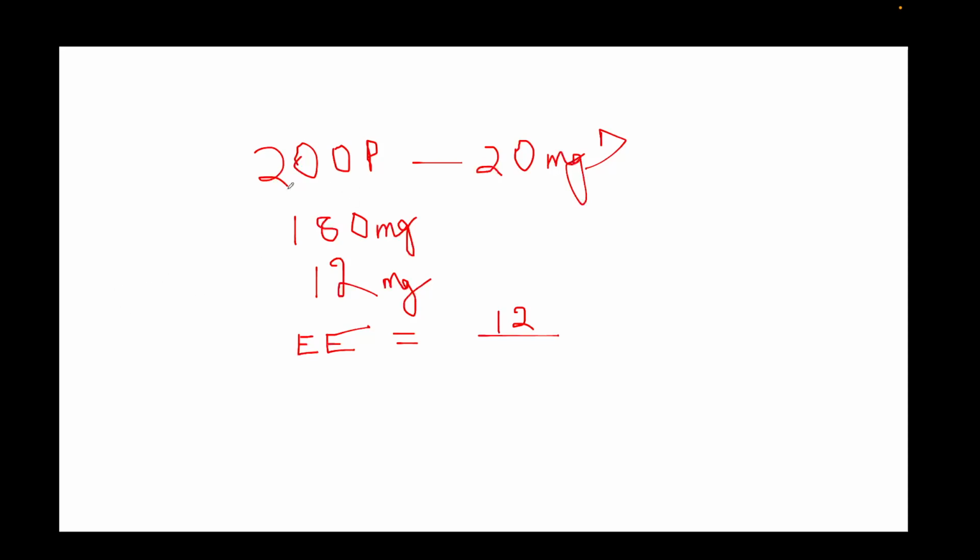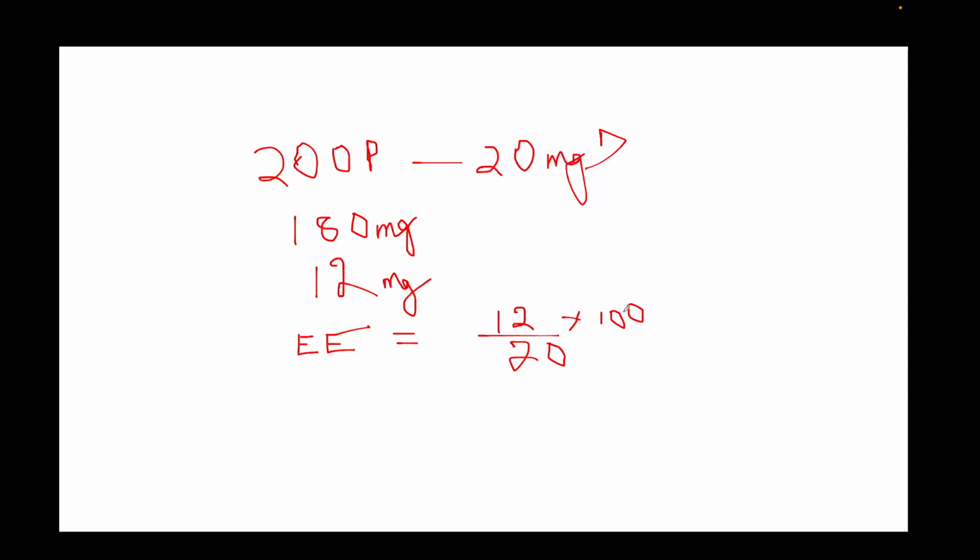So you need to calculate in 1 mg how much of these 20 mg would have been there, and in 1 mg how much of this 12 mg is there. But to simplify it, we would just say 12 mg is the final amount of drug that is remaining, and the expected amount was your full amount, which is 20 mg. So the encapsulation efficiency percentage will be just 12 by 20 into 100%. This will give you your encapsulation efficiency.